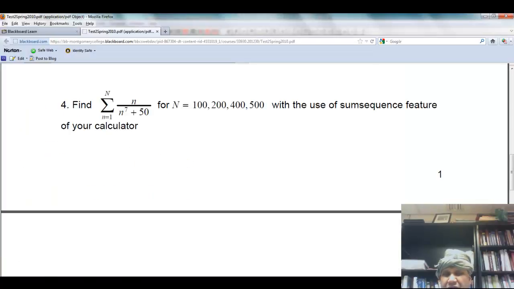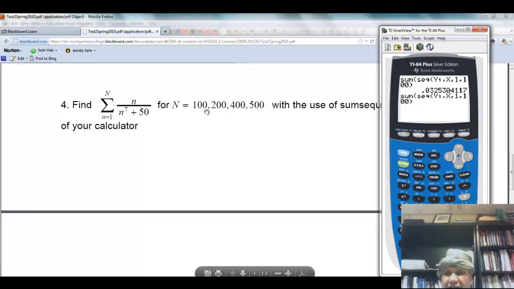Now we will set the table. Table set, start at 1, go in steps of 1.